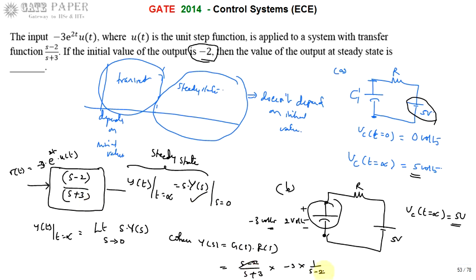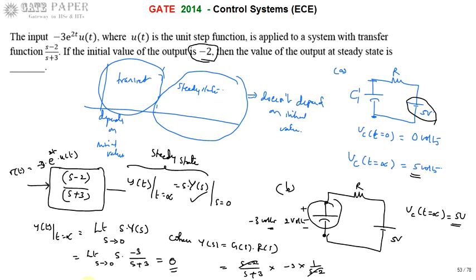The (s - 2) terms cancel. You get the limit as s tends to 0 of s Y(s) = s times (-3)/(s + 3). Substituting s = 0, 0 times something is 0. So the final steady state value is 0.